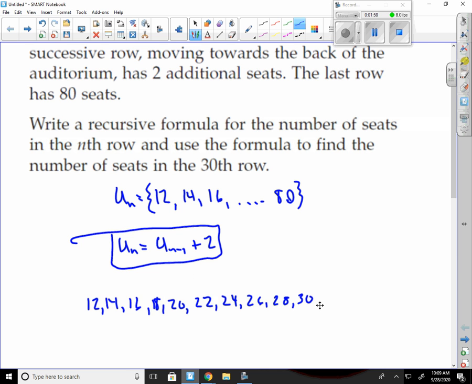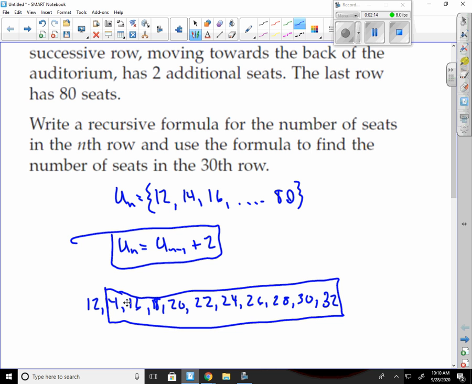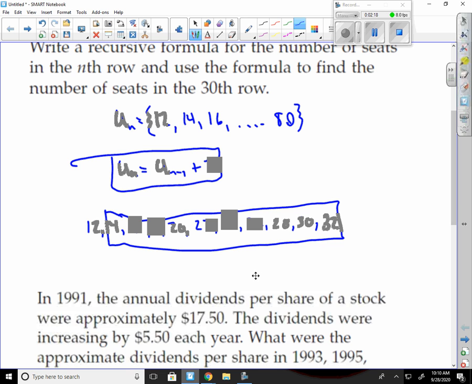If I'm looking at having added my 10th row that's added on, it means that I've added 10 rows onto the original at this point. It means that I've added 20 seats. So for every 10 that I add on, I'm going to be adding 20 seats.